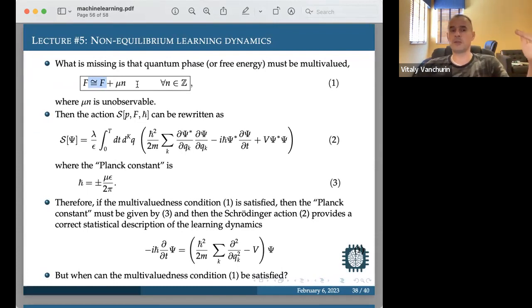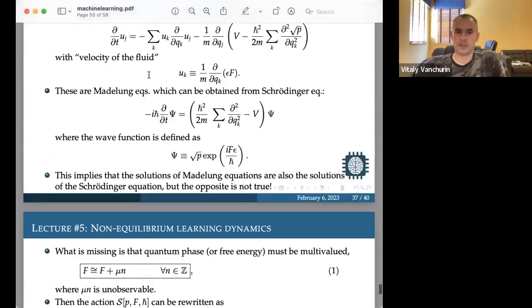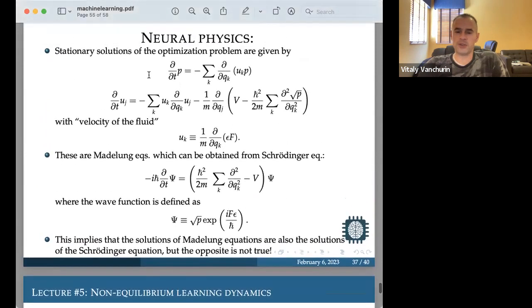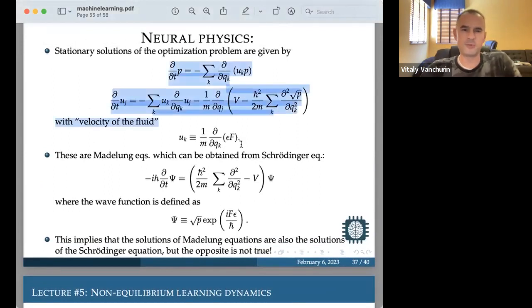It's something that we cannot observe. And if we cannot observe it, then we should equate all those f's. We should treat them equally. And if that's the case, then our correct description is not the Madelung, but the Schrodinger. If we can argue that there may be a constant shift of f that is not observable, then the Madelung description wouldn't be a correct description.